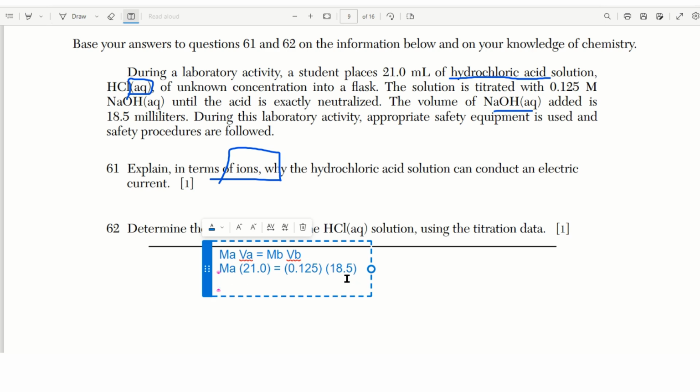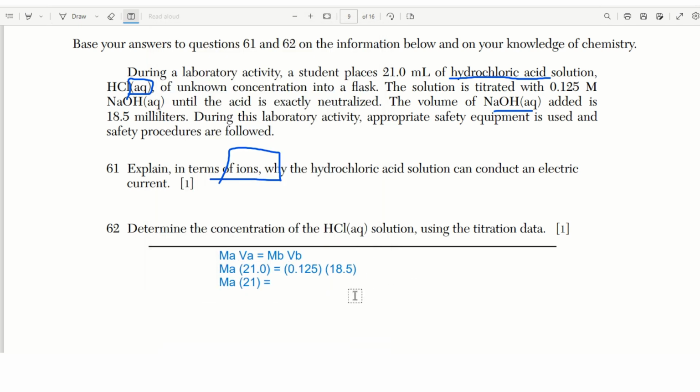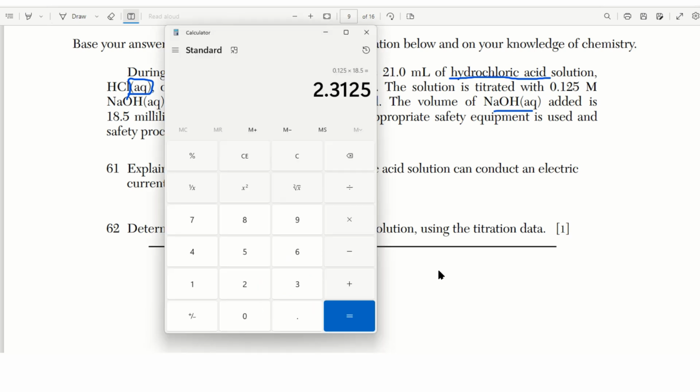Okay. So I'm going to have this side, because that's just 21, equals 0.125 times 18.5. Okay, so 0.125 times 18.5 equals 2.3125. Now I'm going to need to divide both sides by 21, right?